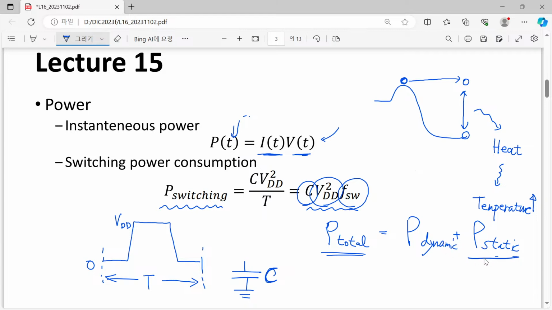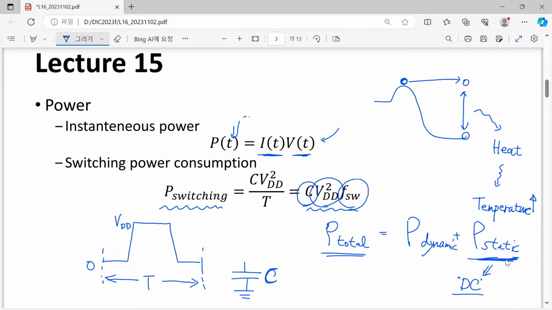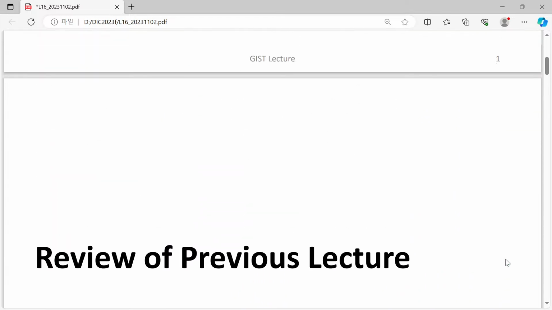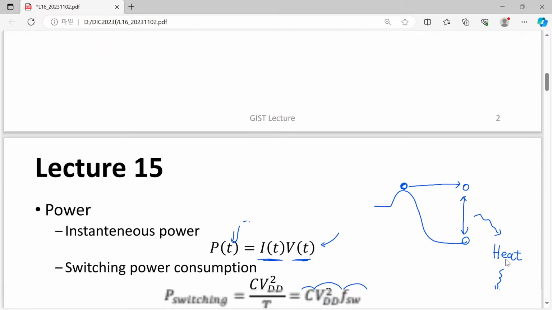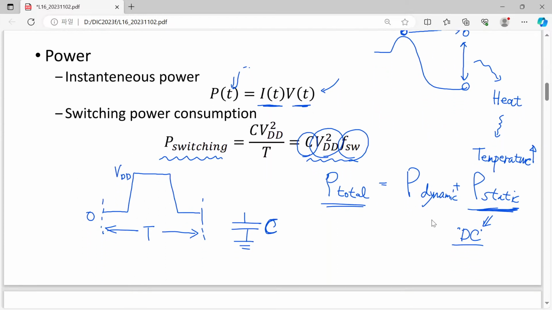So static power consumption means that we just apply DC bias condition only and do not introduce any kind of signal in it. Even in this case, we have power consumption. So this will be discussed in our next lecture, not this lecture 16, but we will consider it in lecture 17. And today we will talk about dynamic power consumption.